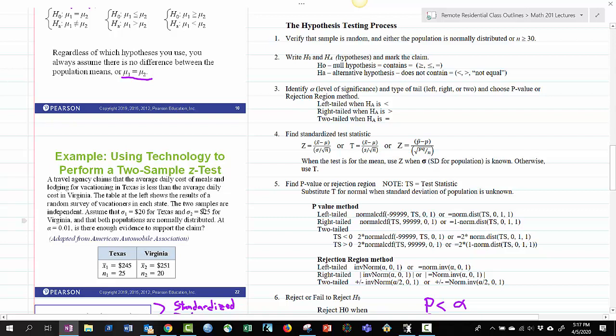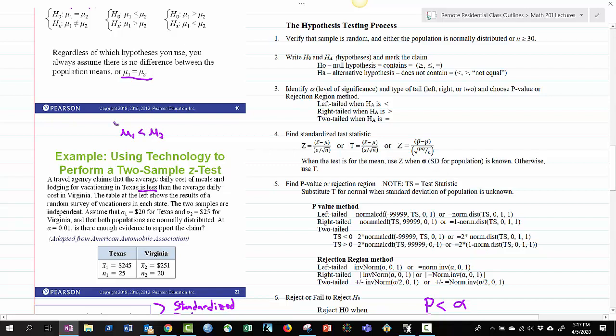Okay, so let's start with the hypothesis test. They're claiming that the mean in Texas is less than the mean in Virginia, right? And Texas is the subscript one. So the hypothesis is that population mean one is less than population mean two.